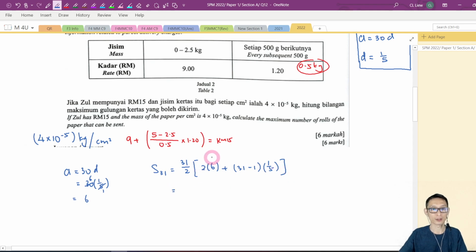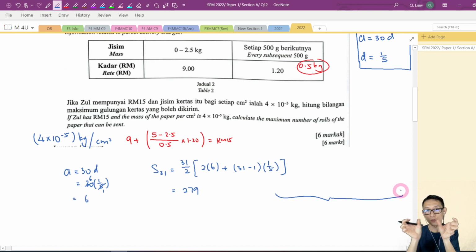Okay, now press your calculator. So, okay, this is 279. From here, I know that the total base length of all the triangle is 279 centimeter.